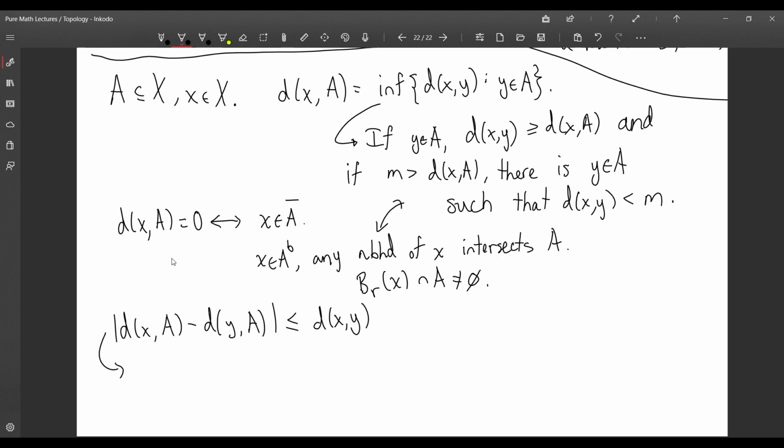And from this result, we get that the function f of x, which is equal to the distance from x to A, is continuous. Essentially just using that epsilon delta definition, since we can prove continuity using distances.